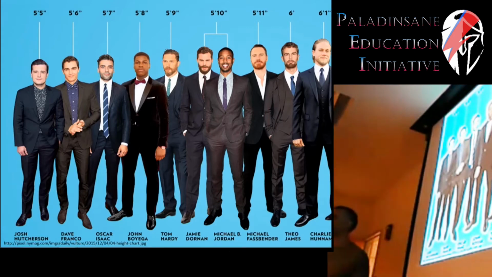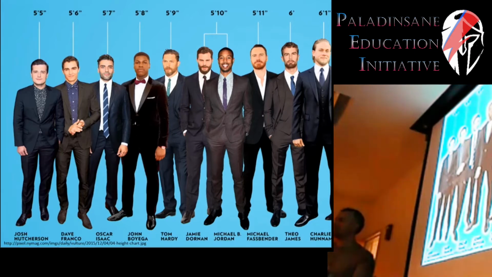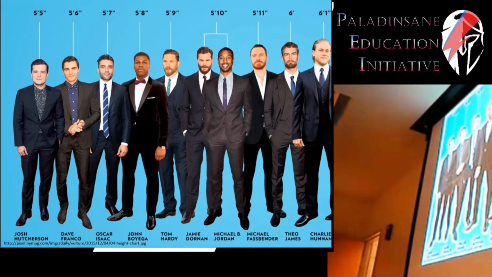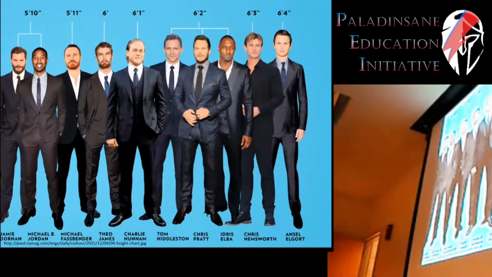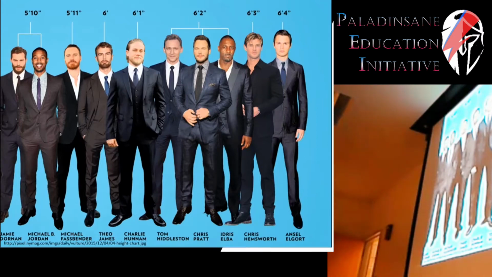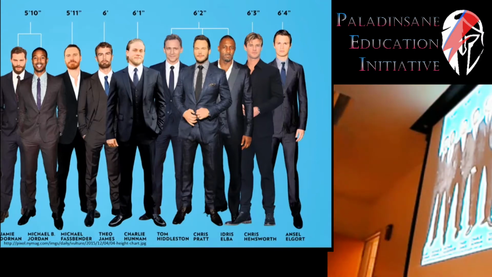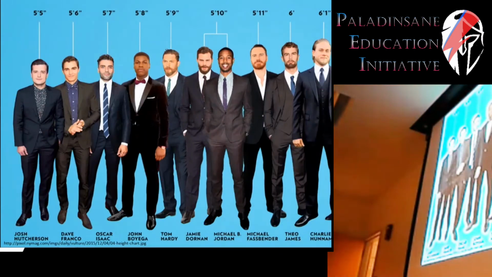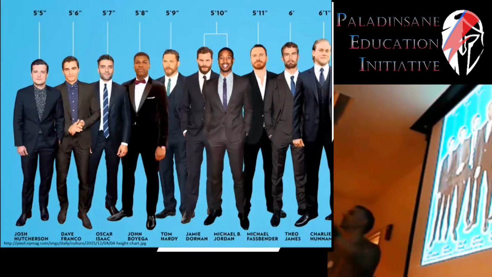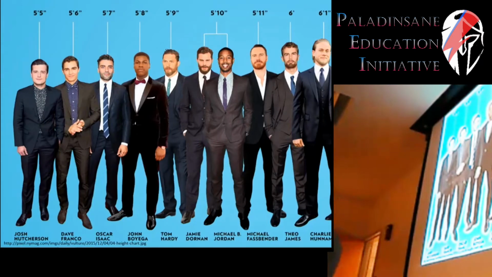That was surprising. They actually used a lot of techniques to make him look taller. And then we got Loki right there and Thor right there, getting to 6'2", 6'3". But the key thing here is that height is a variable because it can be different. You can get people that are above 6 feet and people that are below 6 feet. It's something that can be different between different individuals.